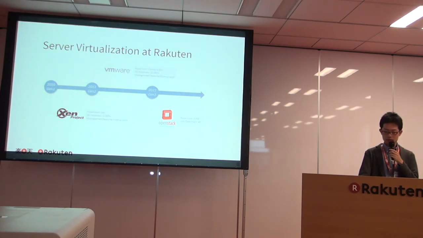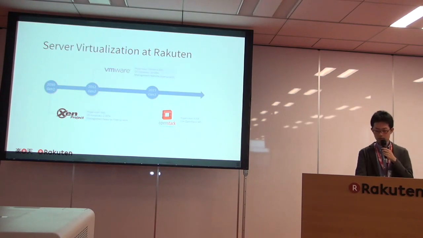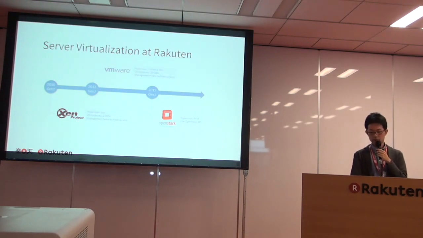Currently, the number of instances exceeds 20,000. As you can see, this year, we added a KVM-based environment to our IaaS, but we chose OpenStack as the management tool. In other words, we did not choose our in-house management console for some reasons.